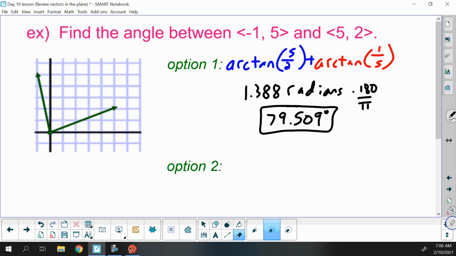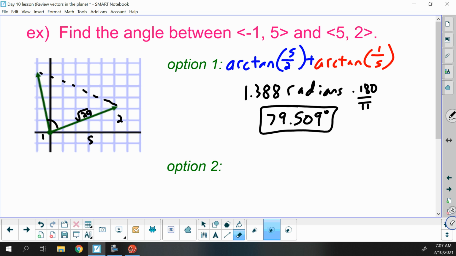Option 2 is we could imagine this is connected, and we can do a law of cosines. Well, to do a law of cosines to find this angle, we would have to know all 3 sides. Well, that right-hand vector, we went 5 right and 2 up. So if you do a Pythagorean theorem, that's going to make this be square root of 29.